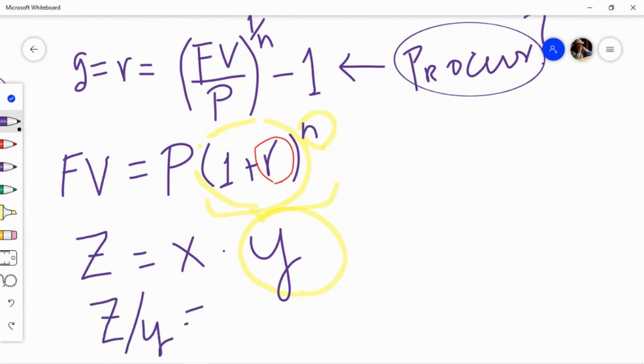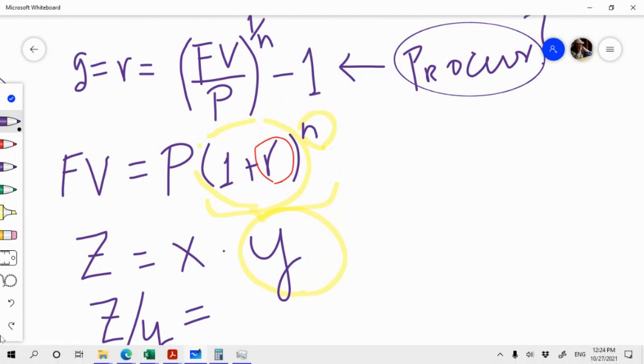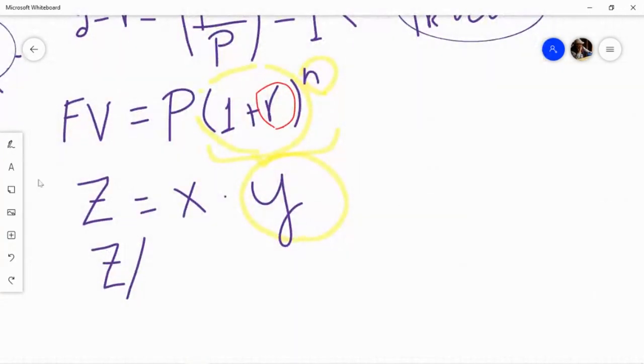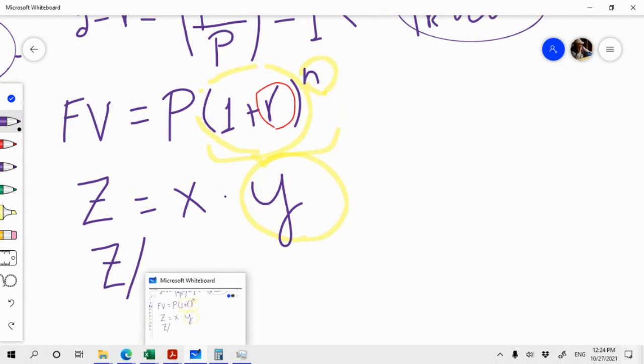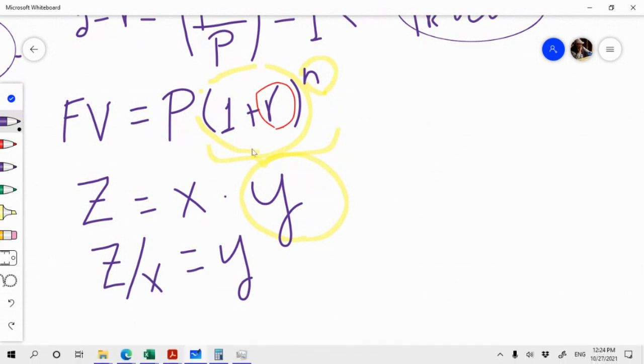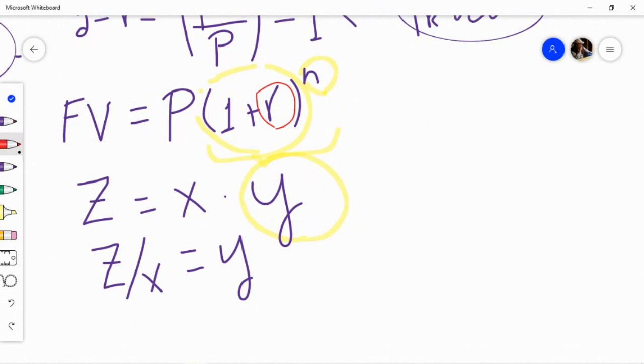Then the left-hand side will be z over x, and the right-hand side will be just y. So we will need to isolate this term first.